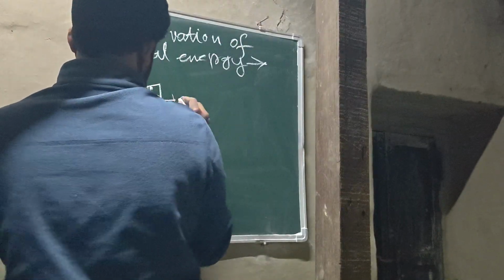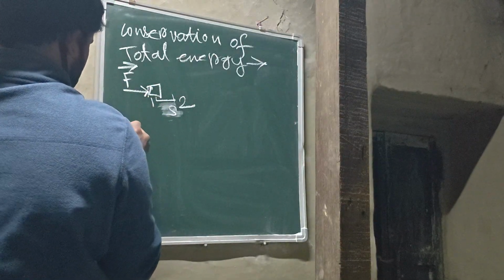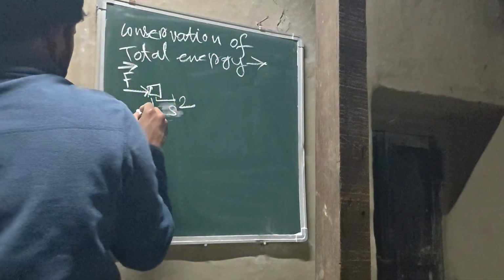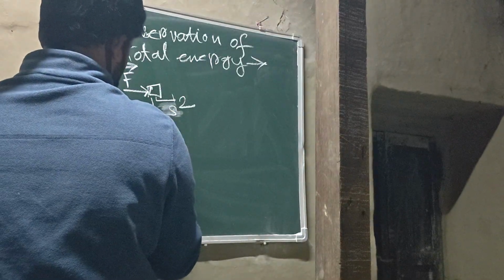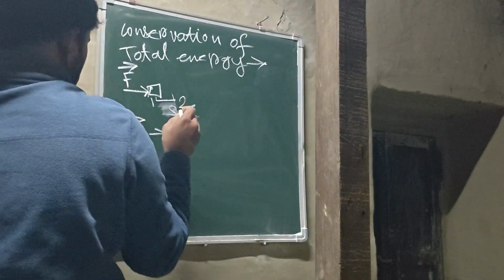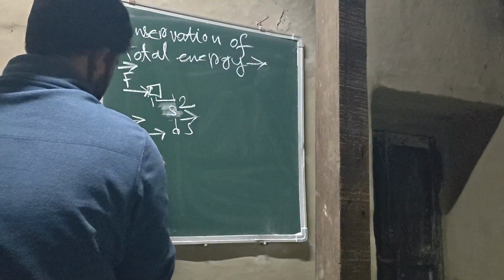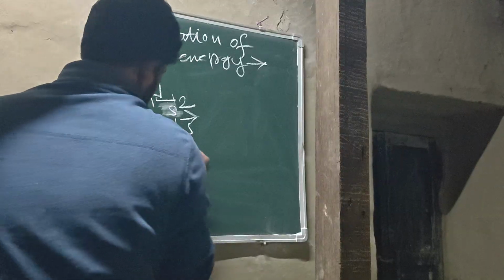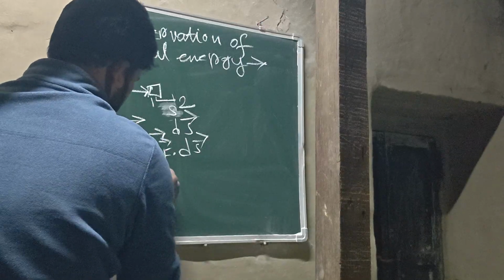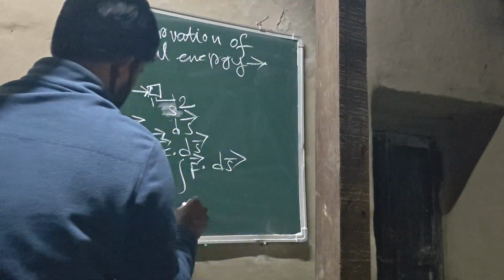If the force is infinitesimal, that means the force is dF vector, then the displacement is ds vector. Then infinitesimal work done, dW equals F dot ds, or total work done, integration dW equals integration F dot ds from 1 to 2.